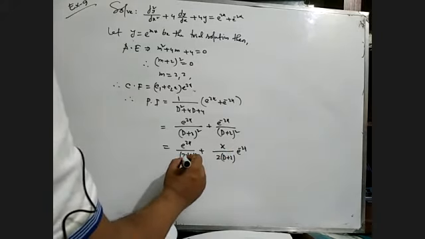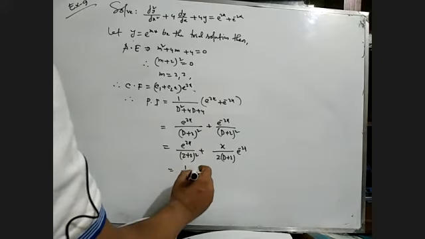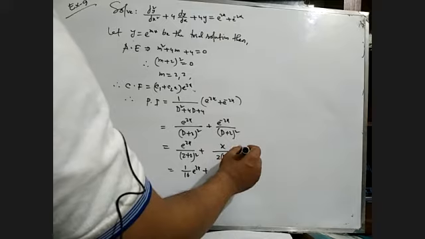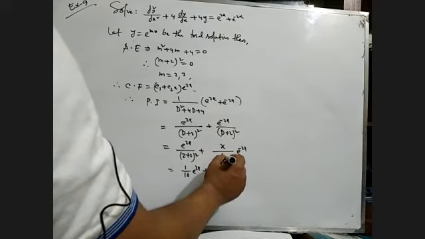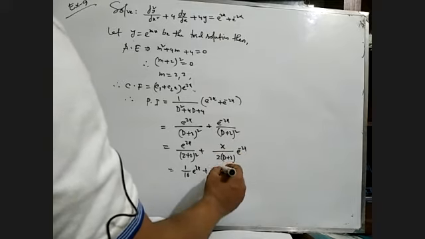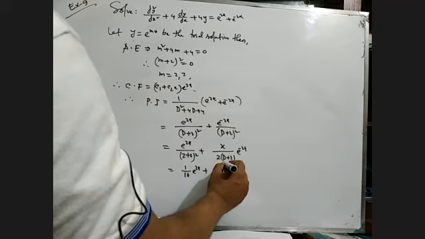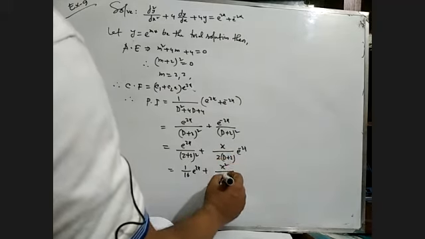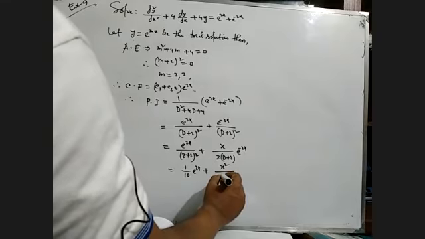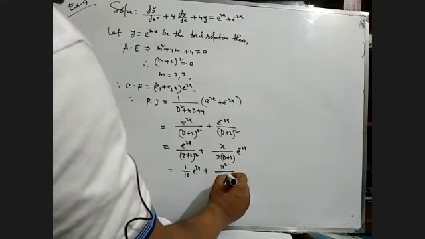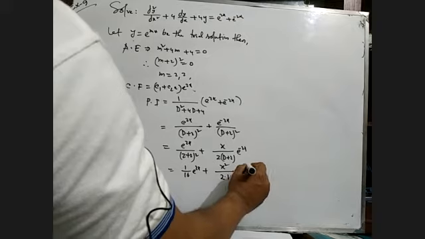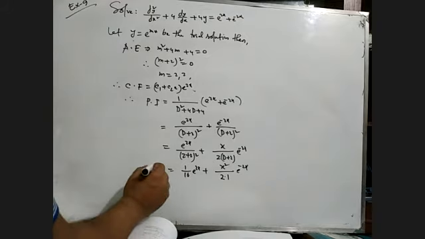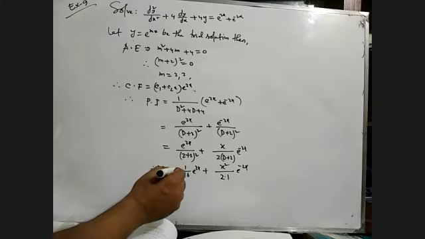So this means 1 by 16 e to the power 2x plus, again if we put the coefficient of x in the place of capital D, we get another case failure. So multiplying again with x in the numerator and differentiating the denominator with respect to capital D, we get x square by 2 into e to the power minus 2x. This is the particular integral.